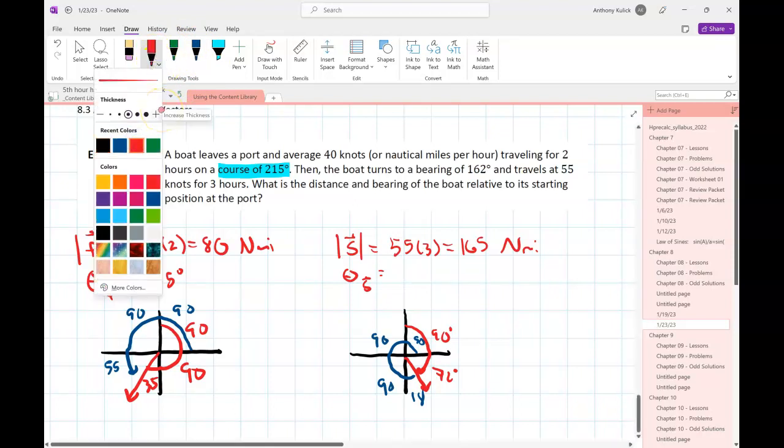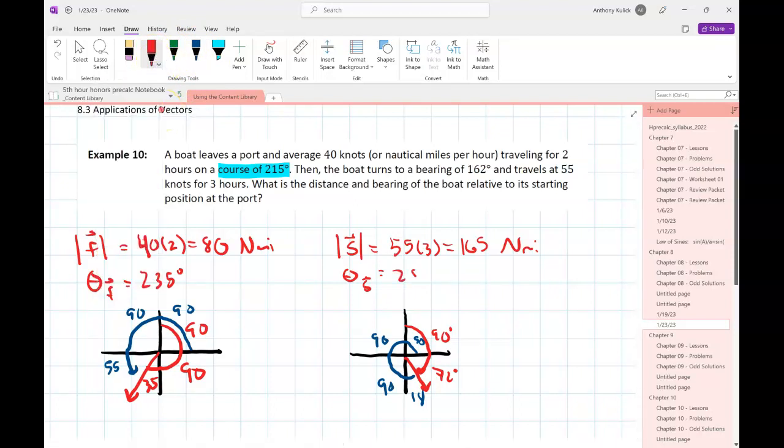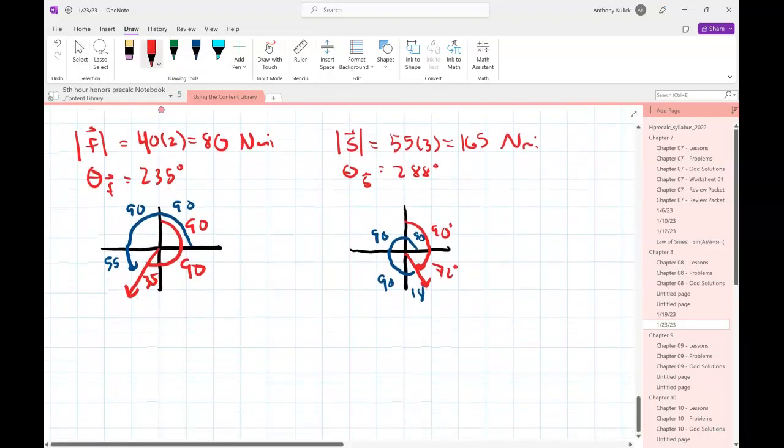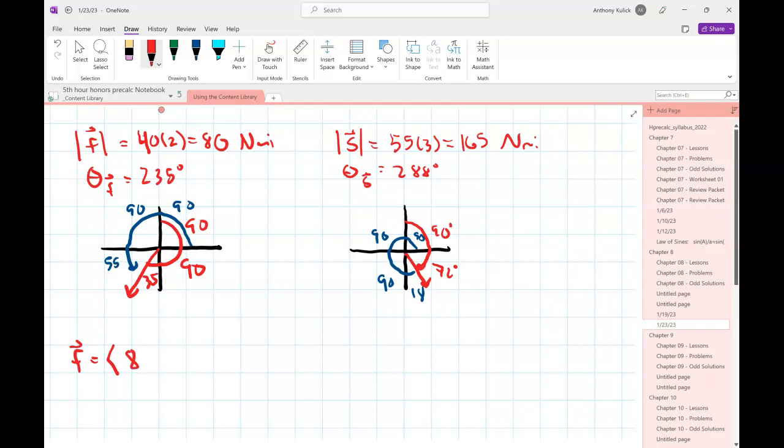So that's going to be 288. I'm now going to resolve those two from magnitudes and directions into component form.